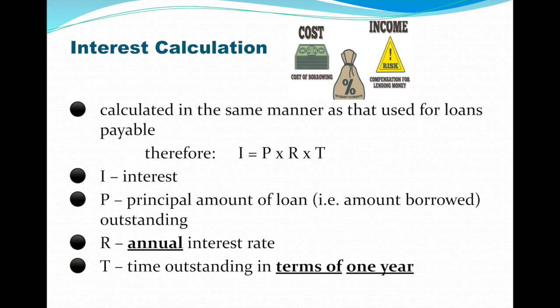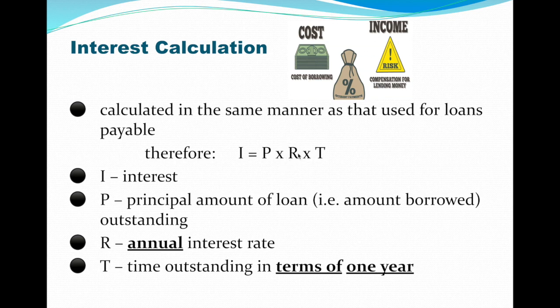For example, let's say that you promise to pay this 6 months down the line, and the annual interest rate, or R, is 10% per year. In this case, the interest amount in dollars would be $5,000 for P, times 10% per year, which is the R, times 0.5, or 1/2, because it's half a year.